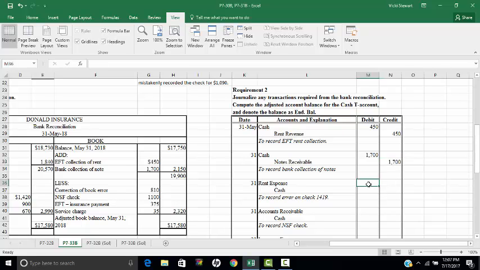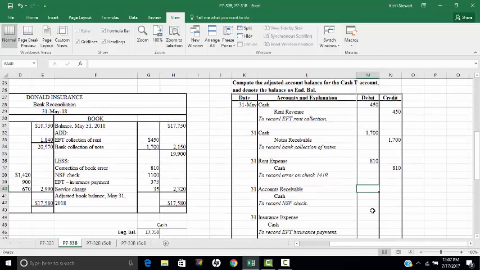The next thing we're going to do is correct that check that we incorrectly recorded at $1,090 when it really should have been $1,900. So we're going to debit rent expense for $810, and we're going to credit cash for $810. Next, we're going to set back up the accounts receivable for the customer's insufficient funds check by debiting accounts receivable and crediting cash for $1,100.